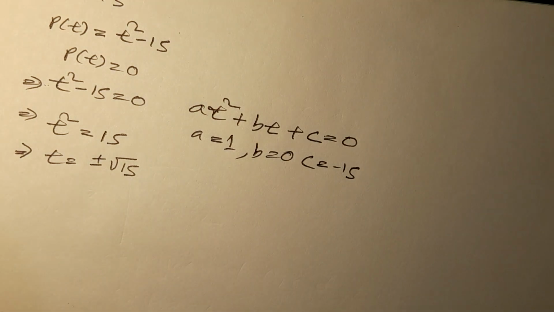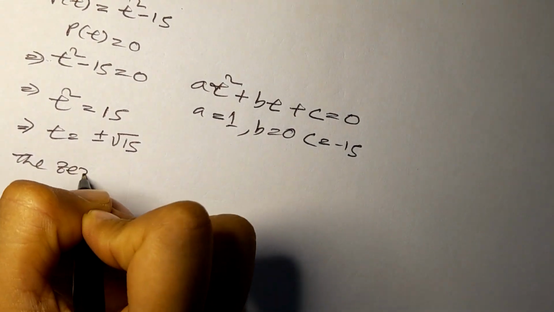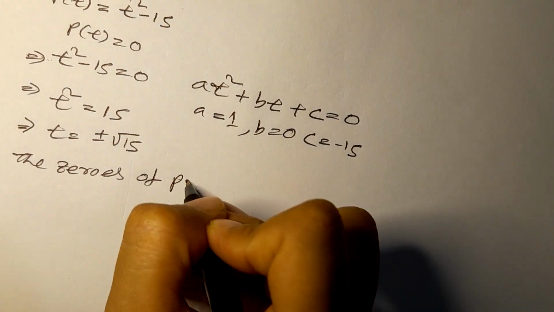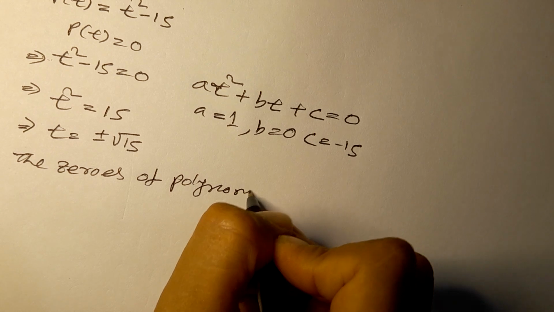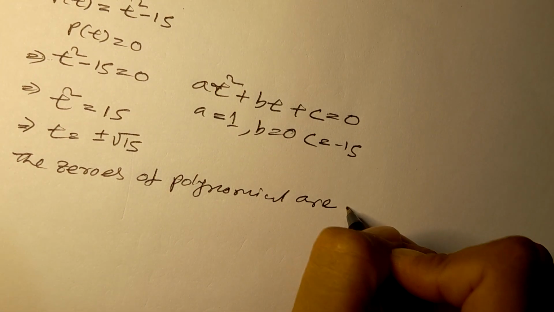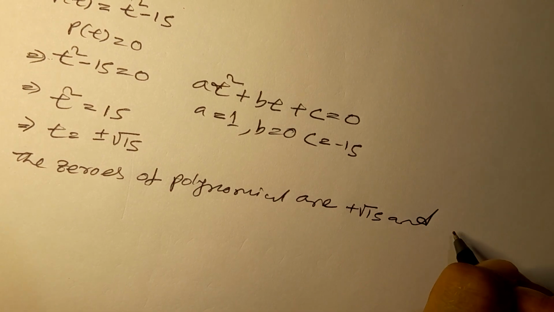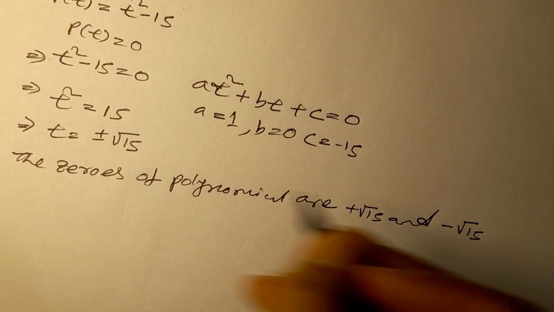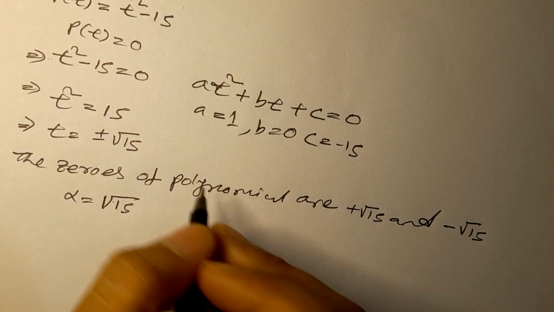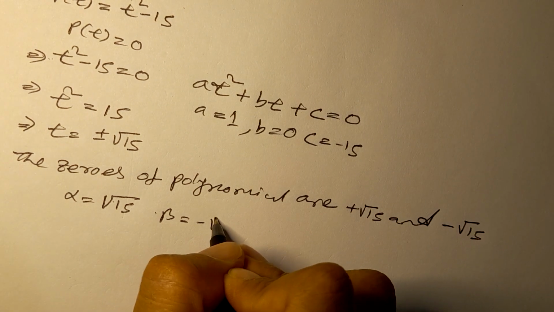So these are the zeros of the polynomial. The zeros of the polynomial are plus root 15 and minus root 15. So alpha equal to root 15, positive, no need to write the sign. So beta is equal to minus root 15.